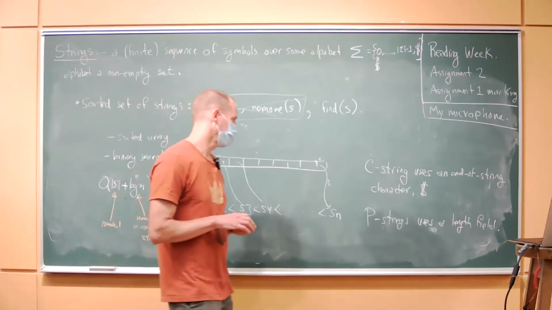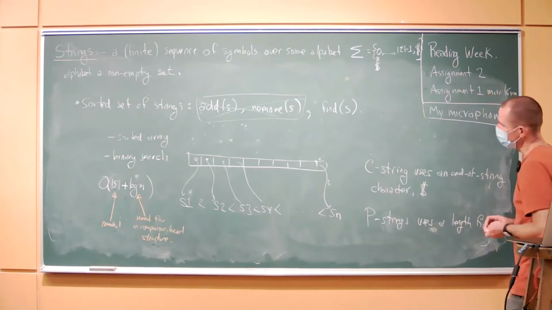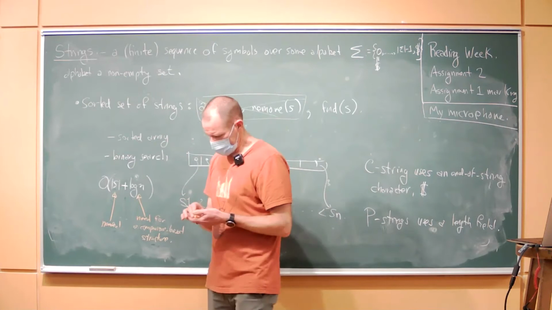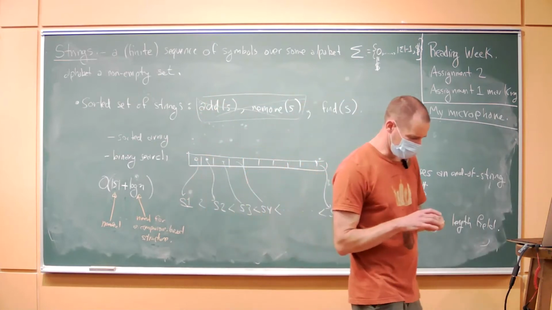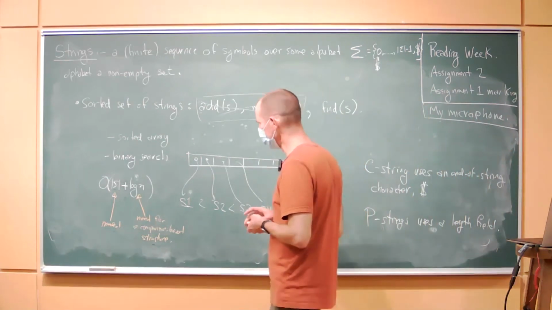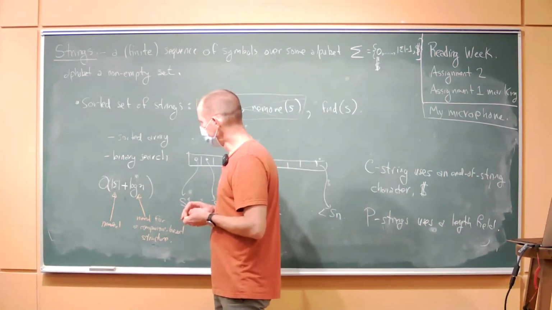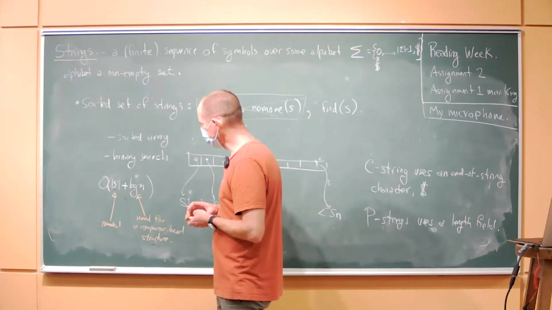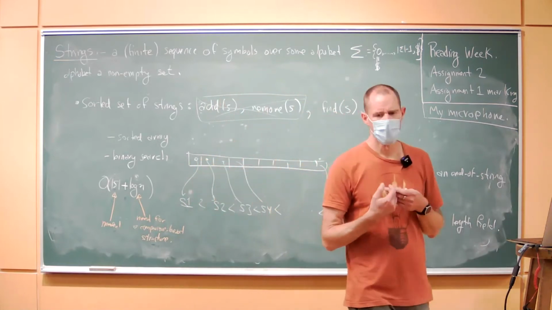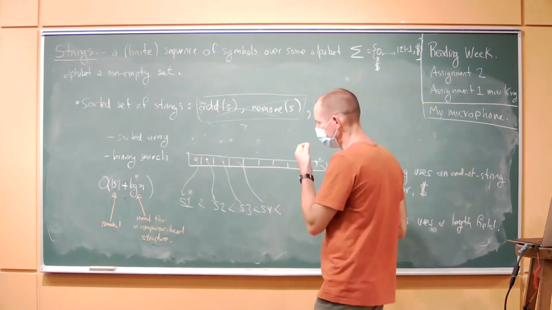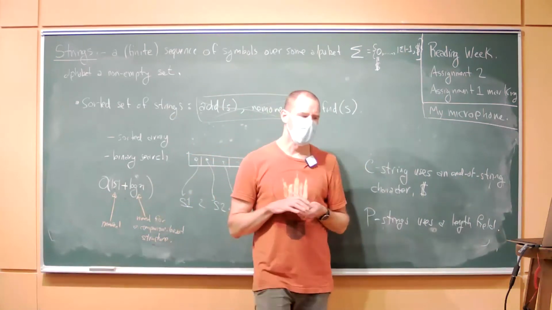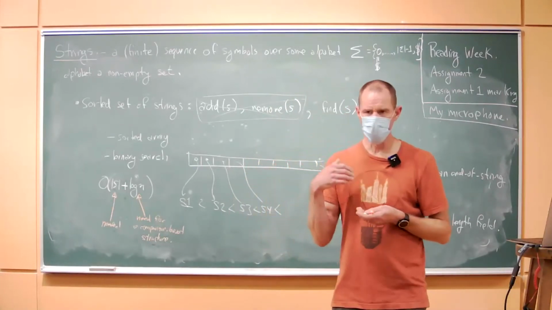This sort of target running time maybe gives us an idea about how the algorithm should look. If you think about this as a search algorithm, we should look at a character of S, and then one of two things should happen.